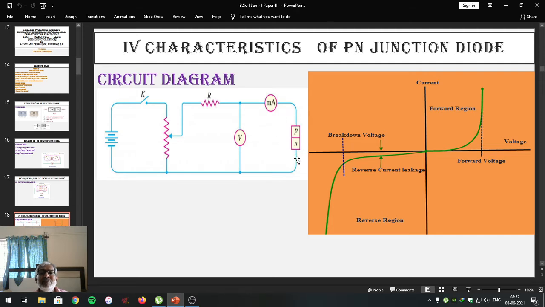And this is the p-n junction diode. We are plotting the characteristics of this particular p-n junction diode.